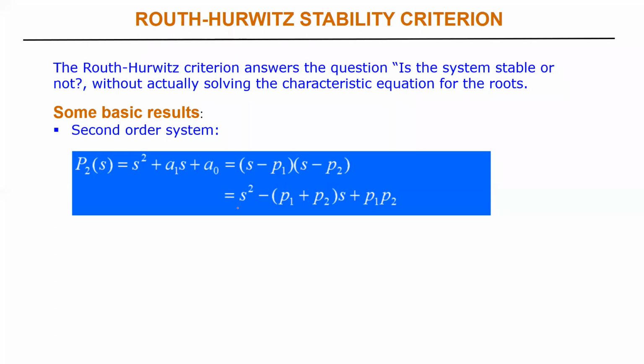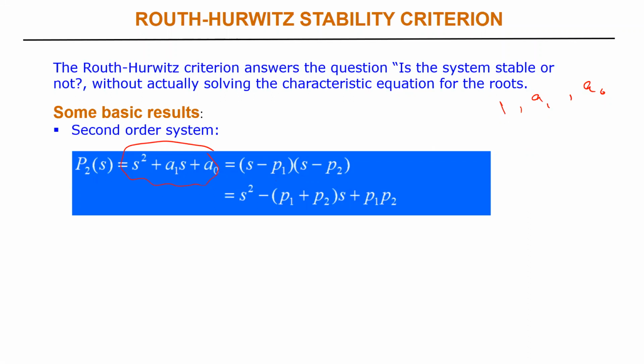So I will have s squared minus the summation of the 2, P1 and P2, s, plus the multiplication of the 2. Okay? The first observation, what are the coefficients of the polynomial? 1, A1, and A0.